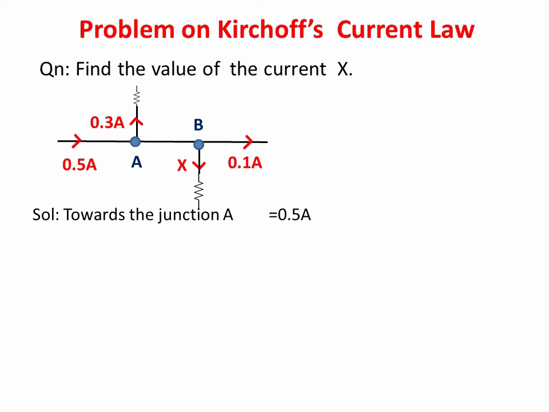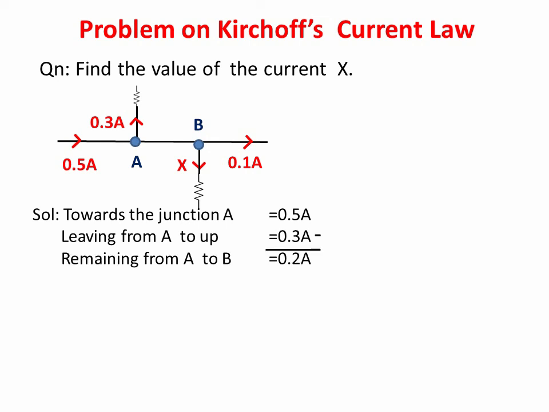So, the 0.5 ampere is divided into 2. Leaving from A upward is 0.3 ampere. Then what is the remaining current? 0.5A minus 0.3A, which is 0.2 ampere. So, the current leaving from the point A is 0.2.